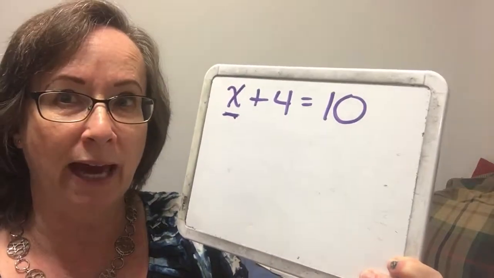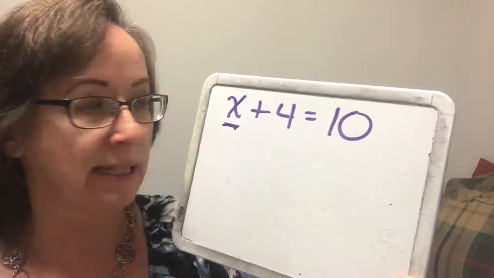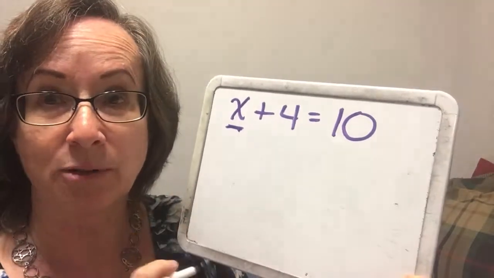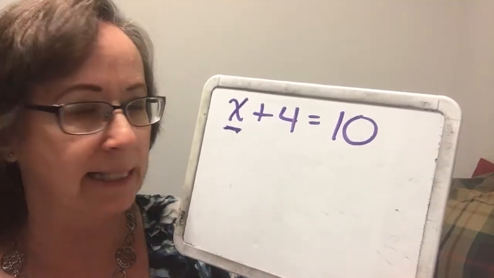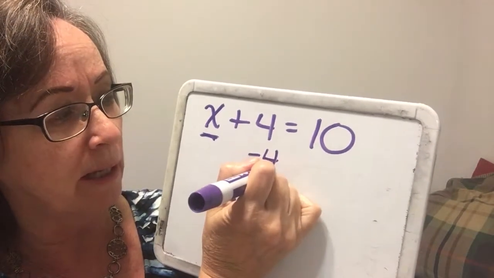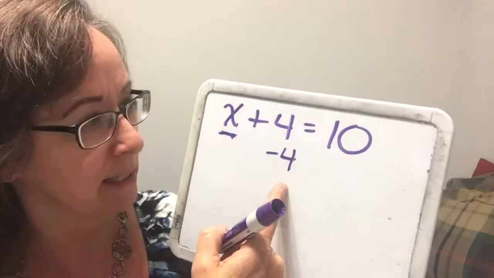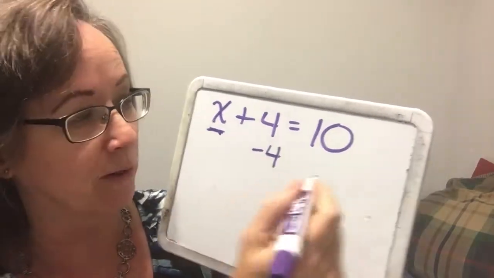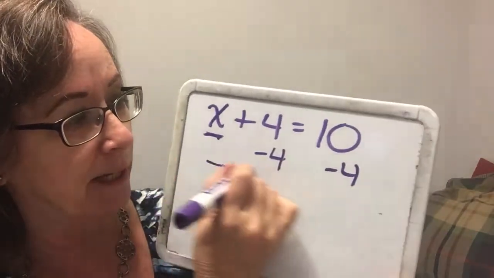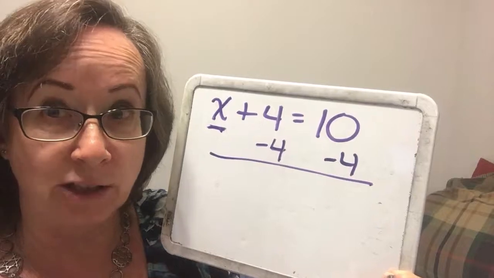So we will do that using our addition property of equality, which allows us to add or subtract the same thing from both sides. So we are going to get rid of this 4 because I know that if I have a 4, taking away a 4 will get rid of it. And then if I take away a 4 from this side, I must come over here and take away a 4 from the other side to obey all the algebra rules.